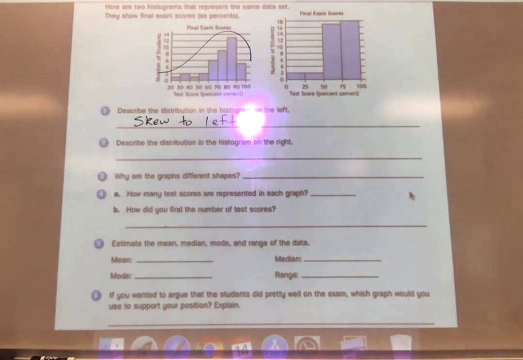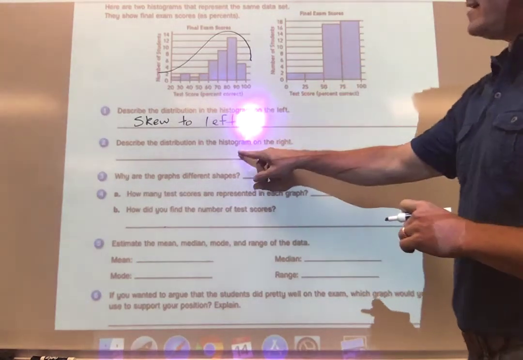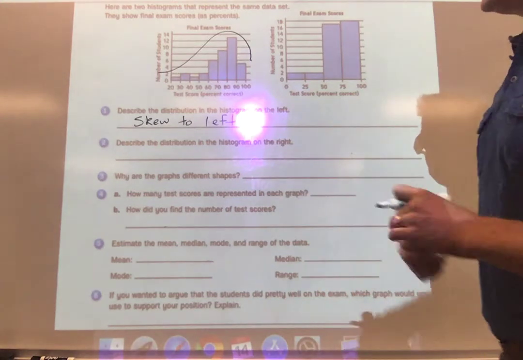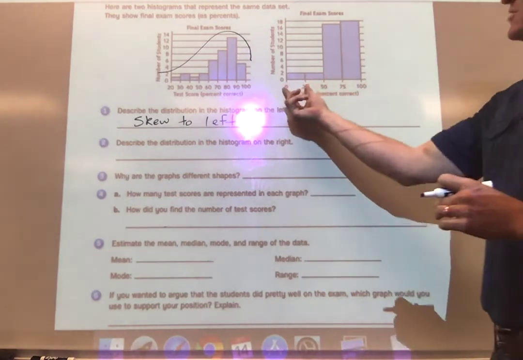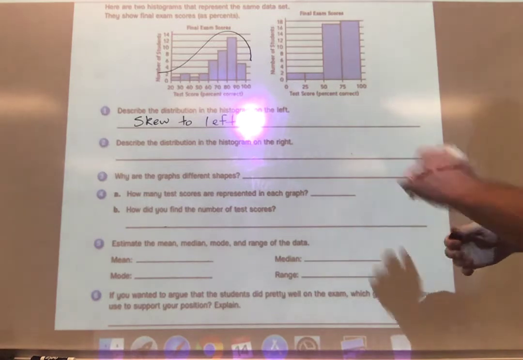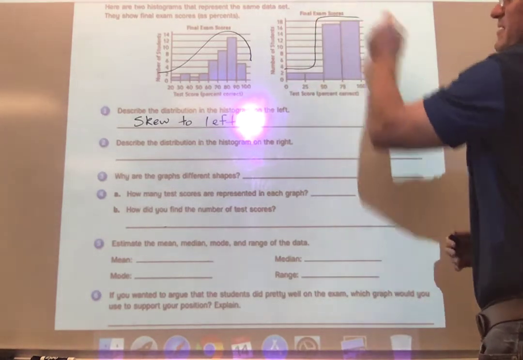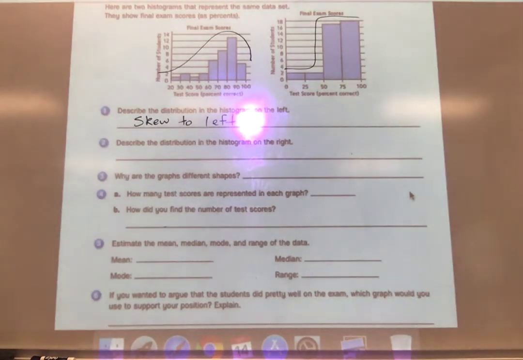If I describe the distribution in the histogram on the right here on number 2, when the bins are like this size going by 25s, it looks a lot different, and there really isn't a shape that describes this that we learned. It's really an odd shape, but you know, you could just describe it in words.